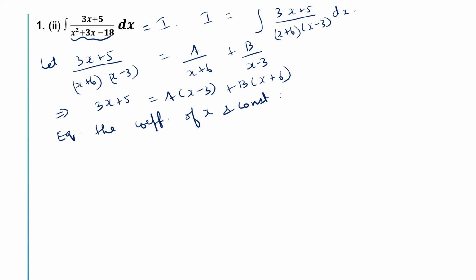On the other hand, what we can do is, if we substitute x as minus 6 in this equation, the term with B will go.